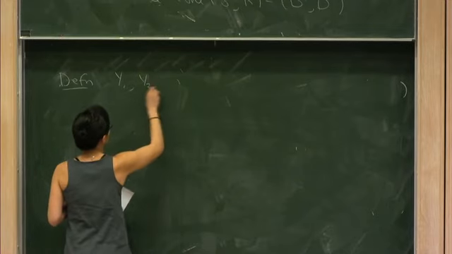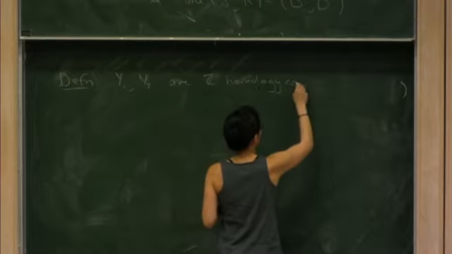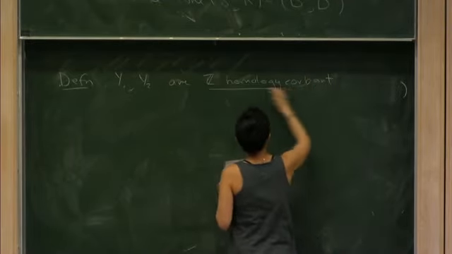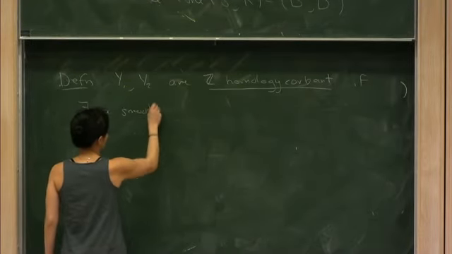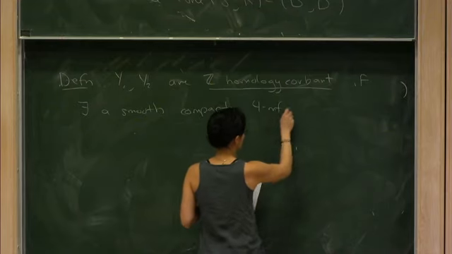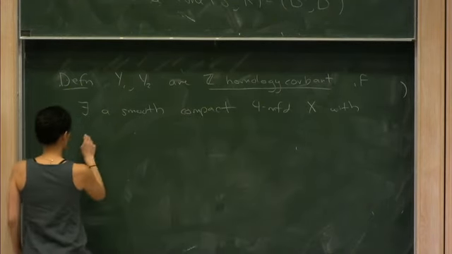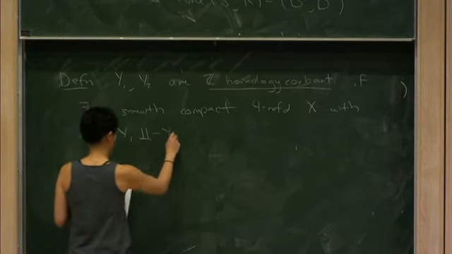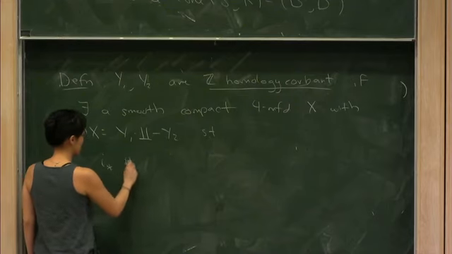So Y1 and Y2 are homology cobordant if there exists a smooth, compact 4-manifold X with boundary Y1 disjoint union negative Y2, such that the map induced by inclusion is an isomorphism on homology.